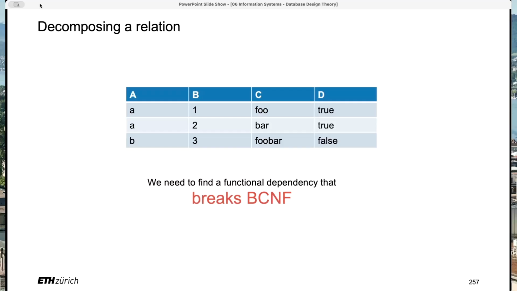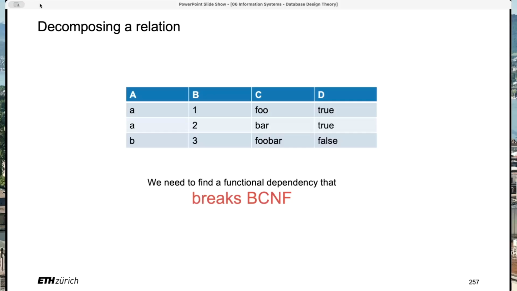In fact, it's actually logical. If I tell you that this table is not in Boyce-Codd normal form, what can you say, by definition, about the functional dependencies? There is at least one functional dependency such that, yes?